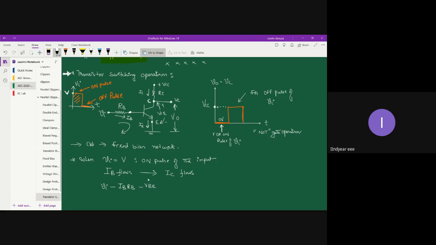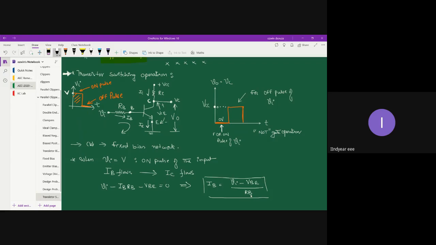I haven't shown it, but you understand, right? There will be a terminal voltage between base and emitter terminal. So minus VBE is equal to 0. That implies your base current IB is equal to the difference in potential, that is Vi minus VBE, divided by the resistance RB. So that's your base current.